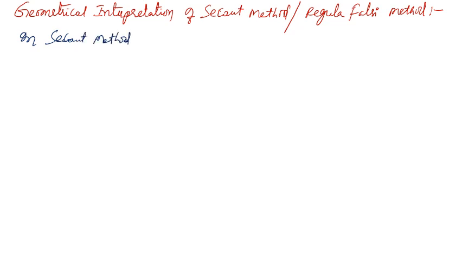We have first initial approximations, what? x_{k-1}, x_k. We have x_{k-1}, x_k as initial approximations.